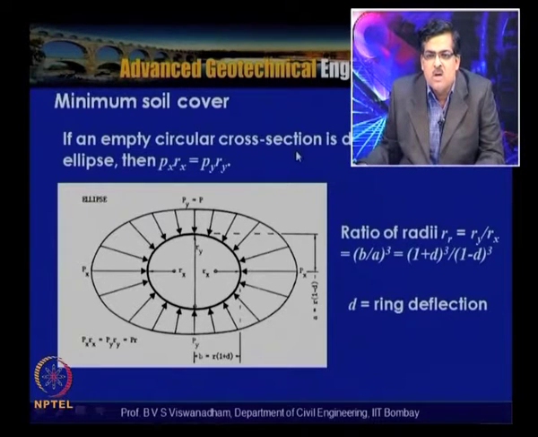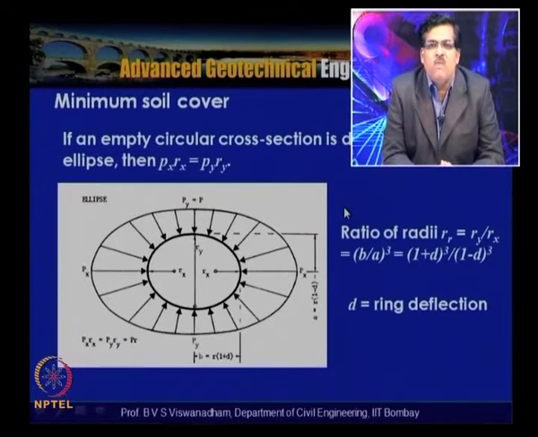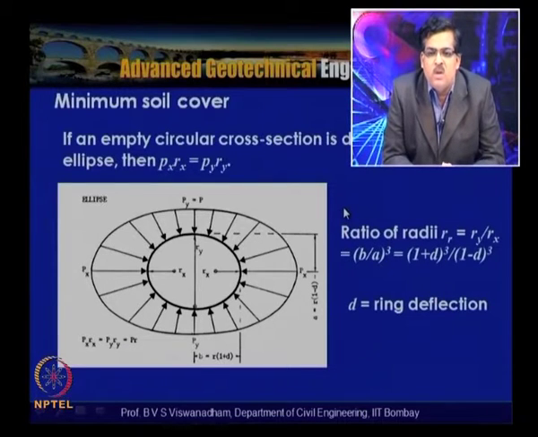If an empty circular cross section is deformed into an ellipse, then Px Rx is equal to Py Ry. Px is the pressure in the x direction, Py is the pressure in the y direction. So Px Rx is equal to Py Ry is equal to Pr, and this is valid for an empty circular cross section if it undergoes a deflection in the form of an ellipse.